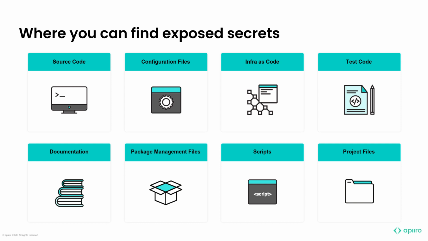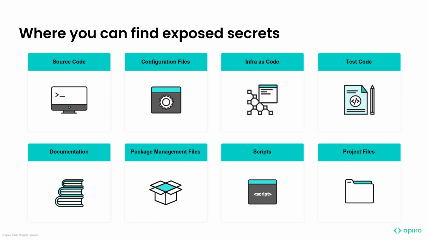And there's a very large variety of files that we can find there that might include secrets. Those might be variables inside the source code itself, maybe something in your infrastructure's code templates. Sometimes a developer will just take some test environment or even a production environment and put it in a test code together with the access token that's needed to access it.